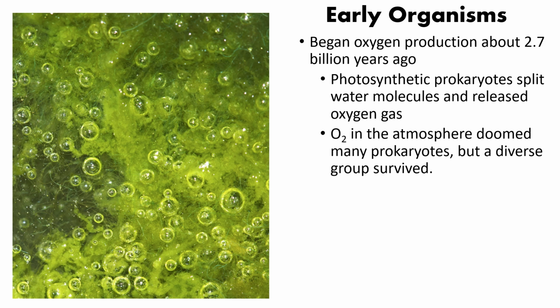Now, many of the very early organisms evolved without oxygen present, and oxygen is quite a reactive element and basically doomed many of the very early prokaryotes because they were unable to survive with oxygen present.